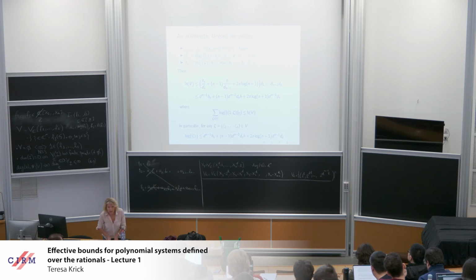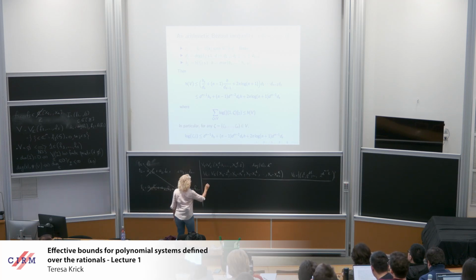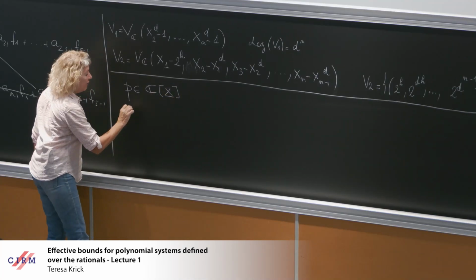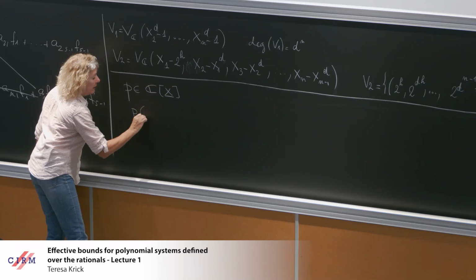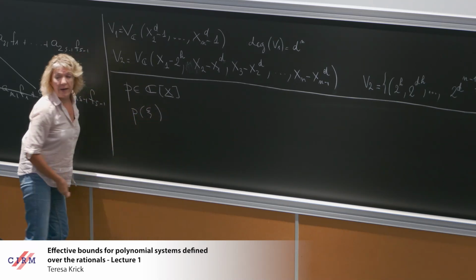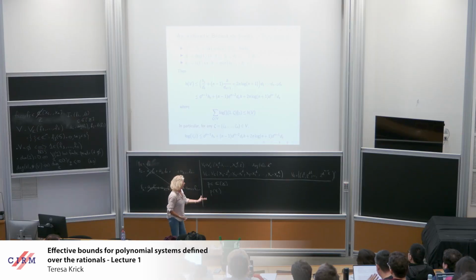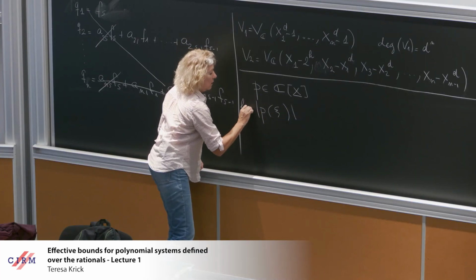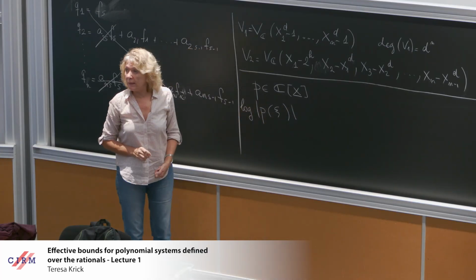Because this has consequences. Once we have the height of all coordinates, we can evaluate any polynomial p in C of x1, ..., xn. We can evaluate it in any root of this variety, and we can compute this quantity.